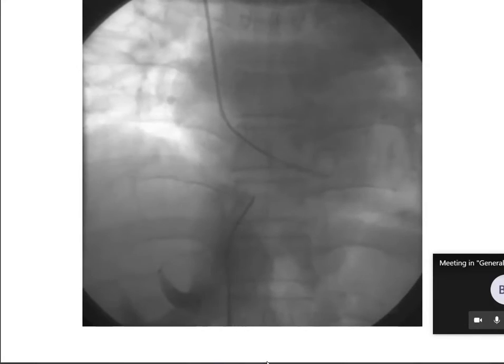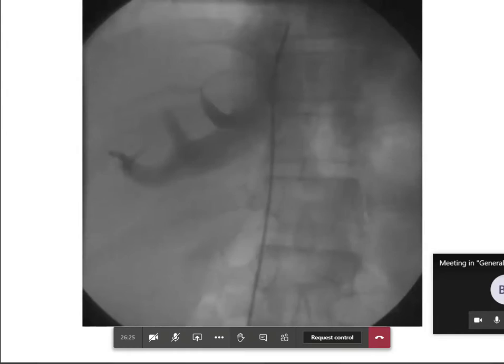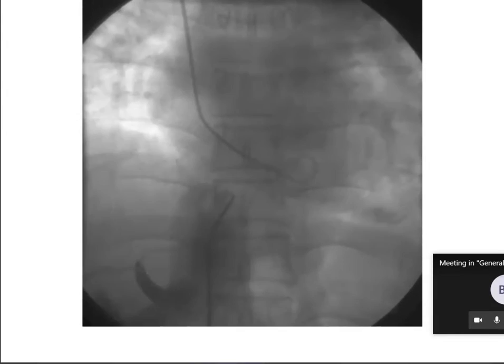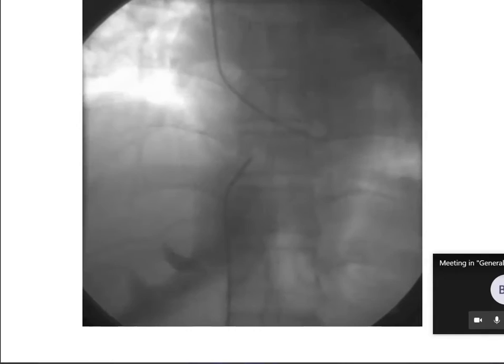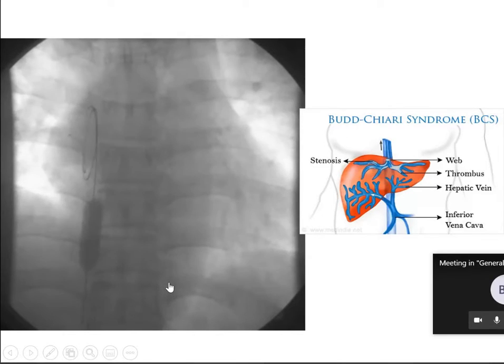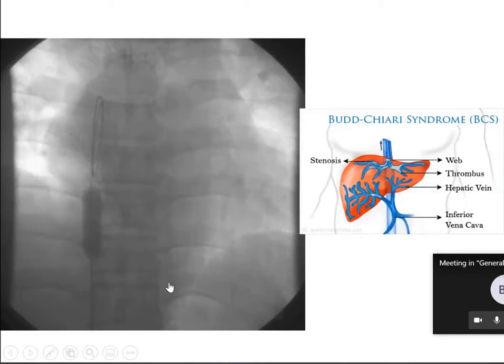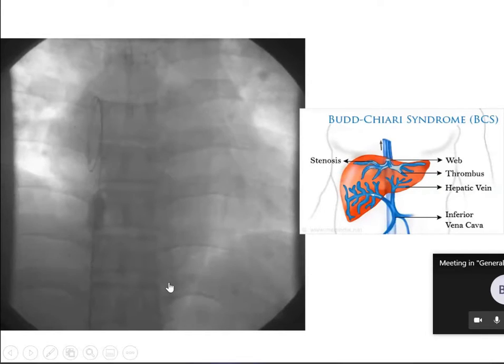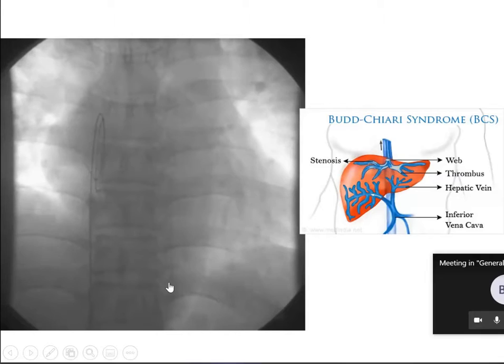This is Budd-Chiari syndrome. And what will we do for this? Balloon dilatation, sir, followed by stenting.